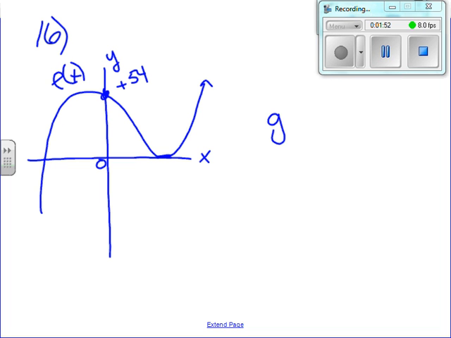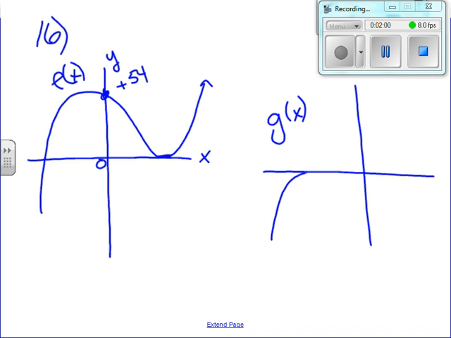And then we've got g of x over here, my lovely drawings, and it's going to be basically moved down. So we've still got our zero of multiplicity 2, but now it's underneath the x-axis for most of its life here, because we've got a y-intercept of negative 54, and that one's g of x.